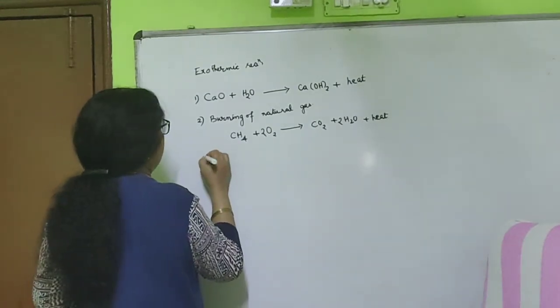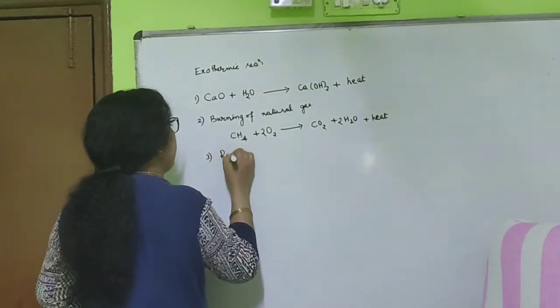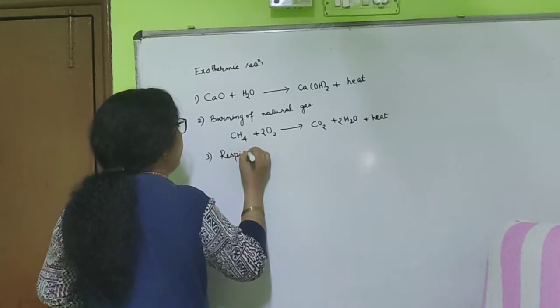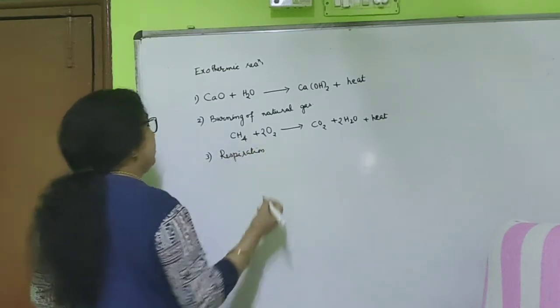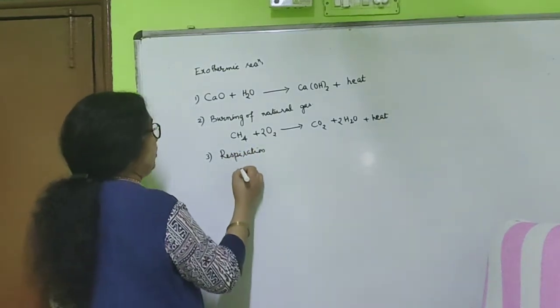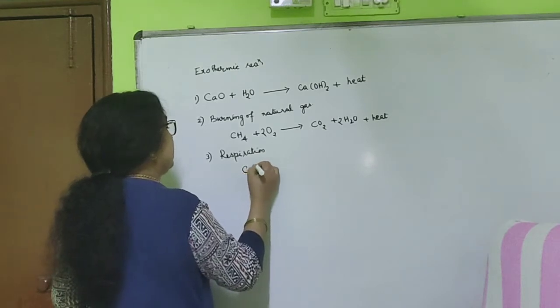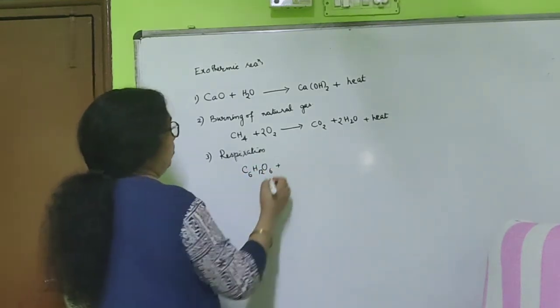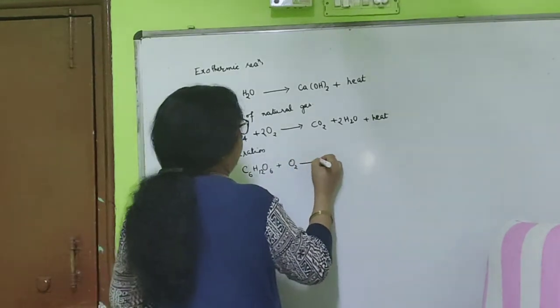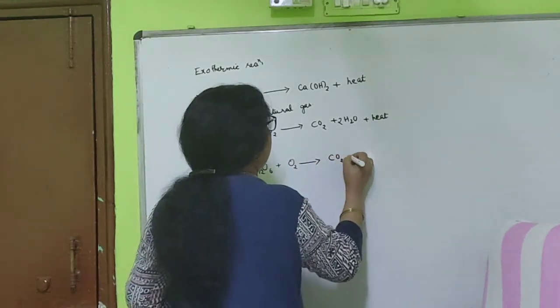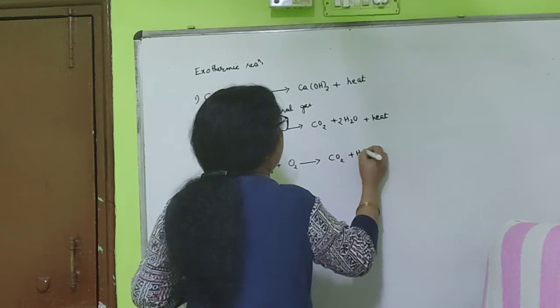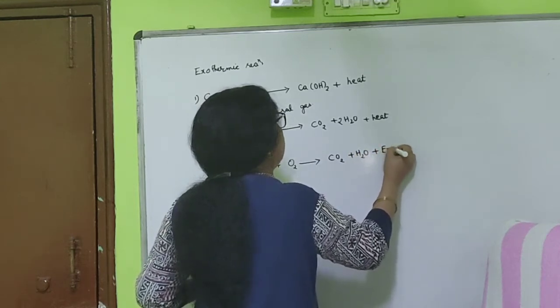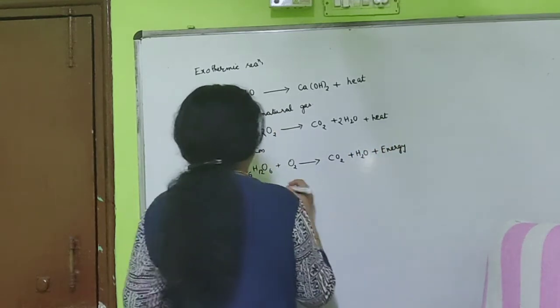Third example is what? Respiration. In that one, glucose. What is the formula of glucose? C6H12O6. That reacts with oxygen and gives carbon dioxide plus water plus energy. We are getting energy in the form of heat.